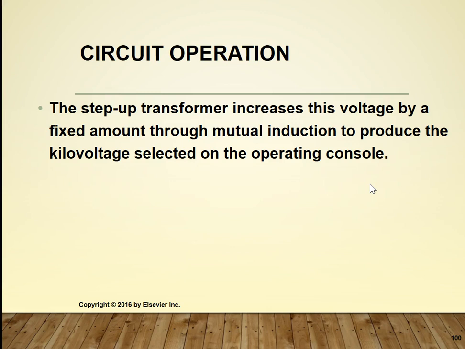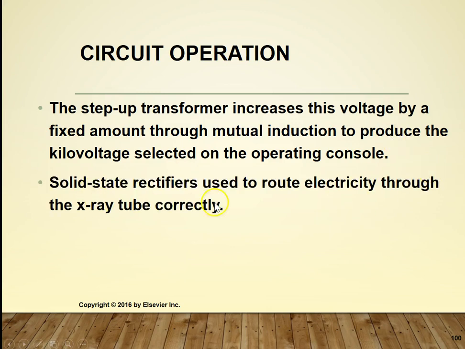Once kV is selected, it must be rectified for the tube. Where the X-ray tube is concerned, the electrons must always flow from cathode to anode. Solid rectifiers are used to route electricity through the tube correctly, and the number of rectifiers used depends on the circuit type.